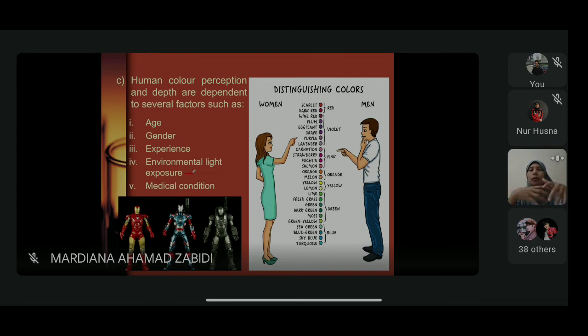So when you are doing color measurement, you need to make sure that your light source is consistent. As much as possible, try to avoid the yellow bulb, because it will give a different color perception. And last but not least is medical condition, for example if the individual has a colorblind issue versus a non-colorblind one.